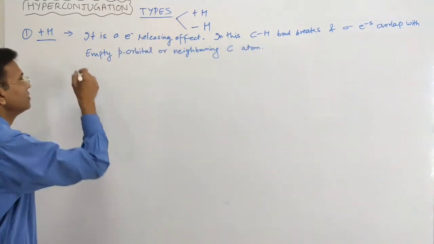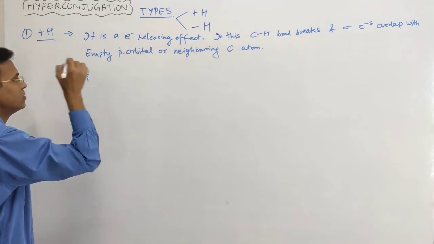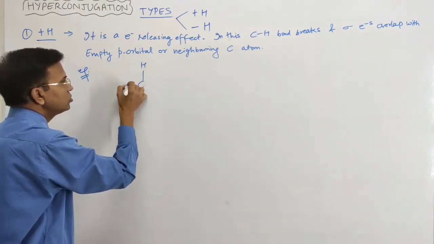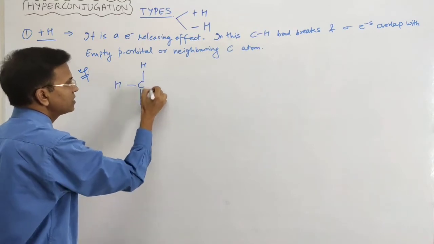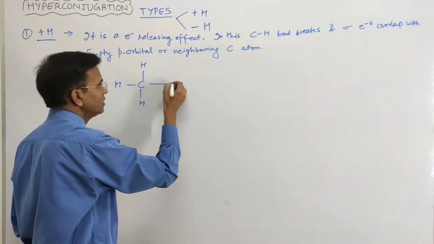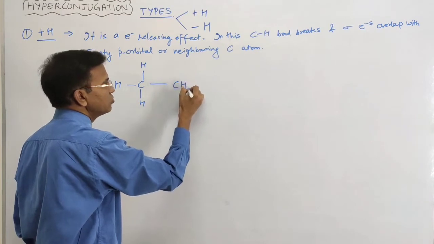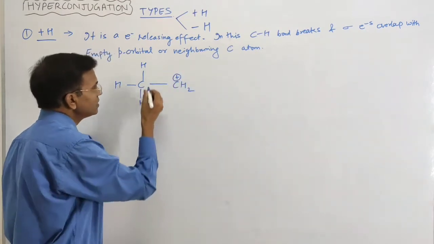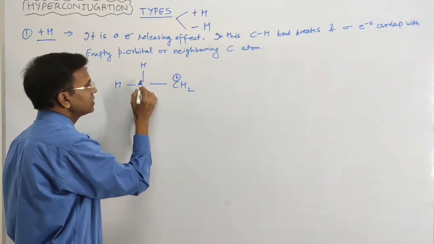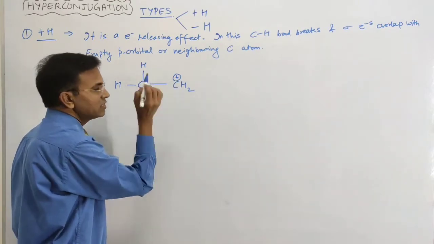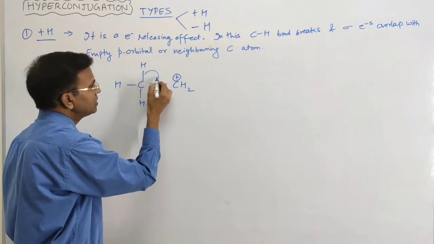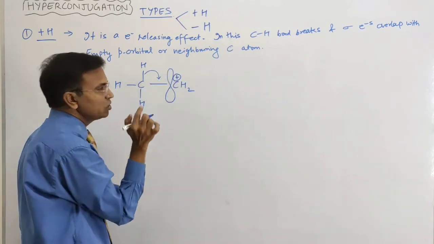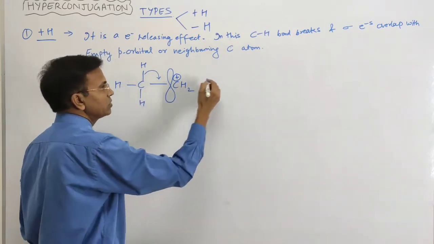For example, C, H, H, the same example we have taken earlier, it is CH2 positive. Now in this positive charge, this is the CH bond, the next atom is carbon. So these electrons transfer to the empty orbital, overlap with the empty orbital and make the pi bond.